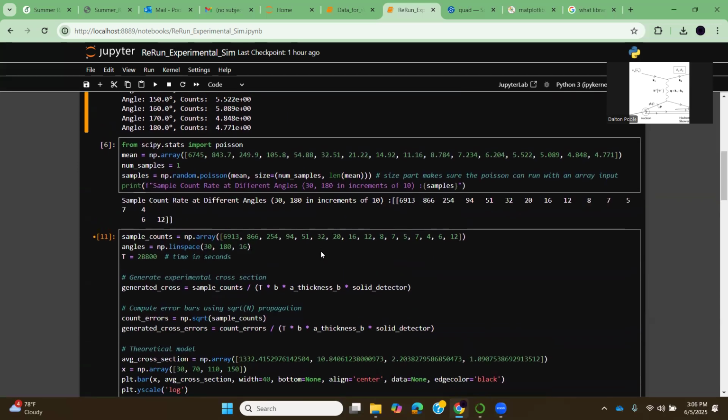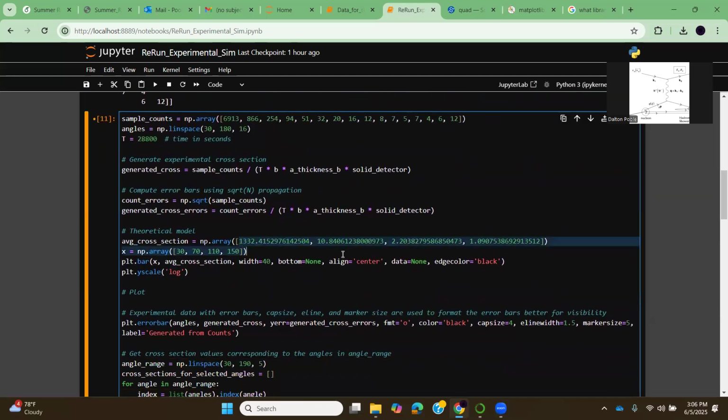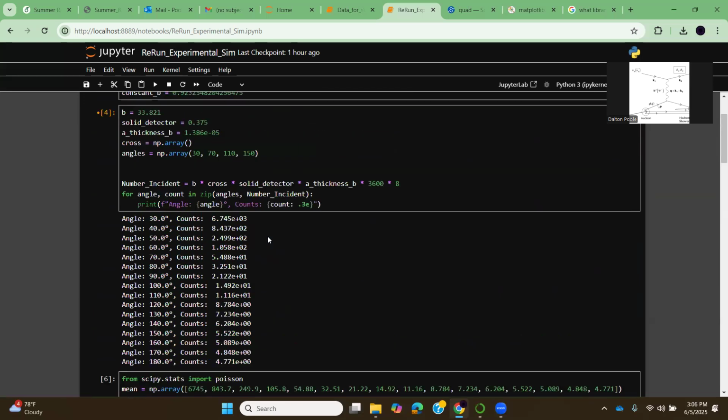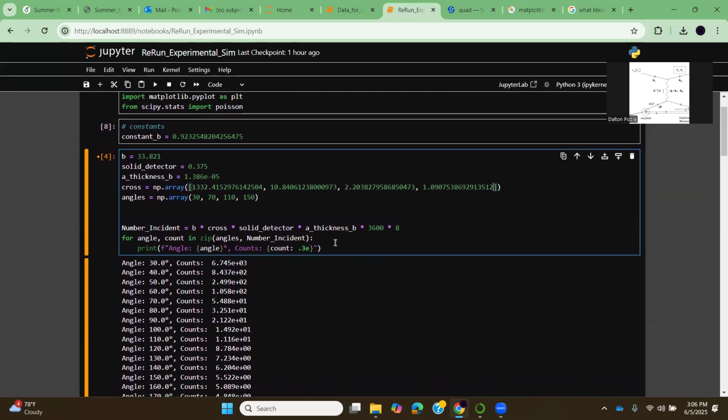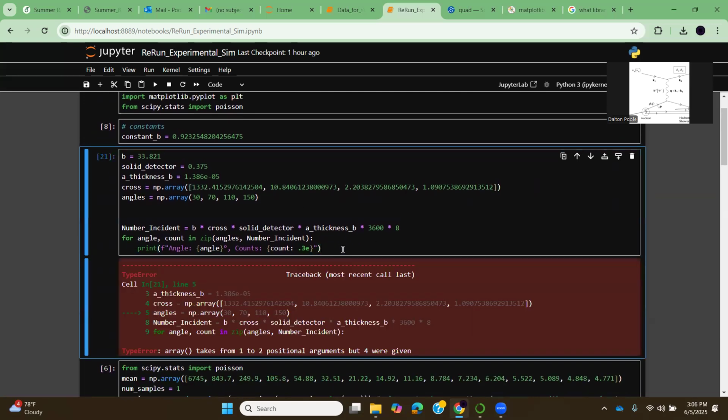So now my cross sections actually need to just be these four, which correspond to those values. And now what this is going to do is generate those count rates. Oh, I need to make it a range actually.